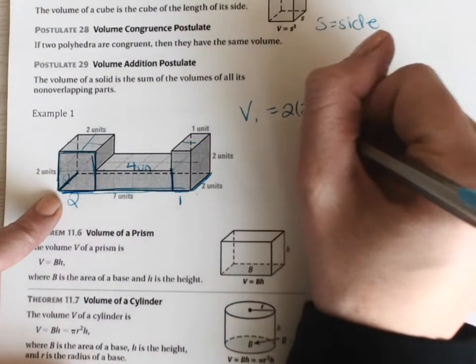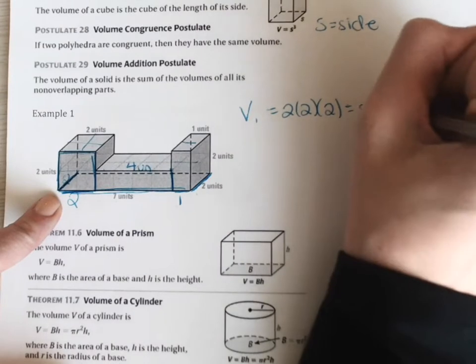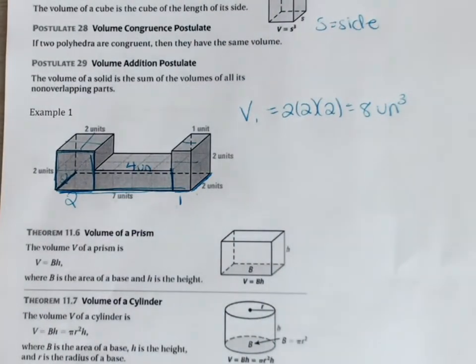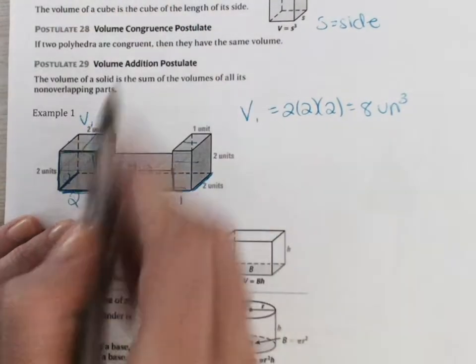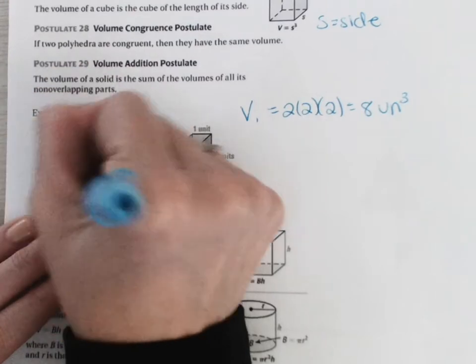So 2 times 2 is 4, times 2 is 8 units cubed. When we're talking about volume, we're always talking about units cubed. Hopefully that helps. So that's the volume of section 1. That's this section right here.